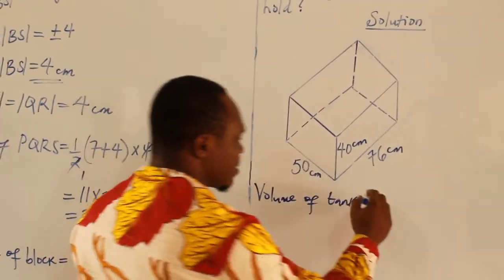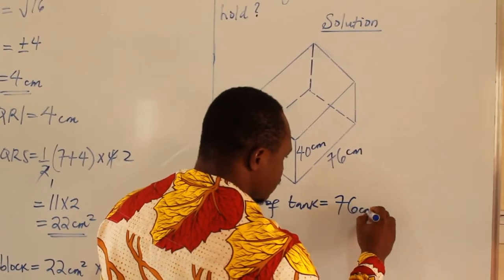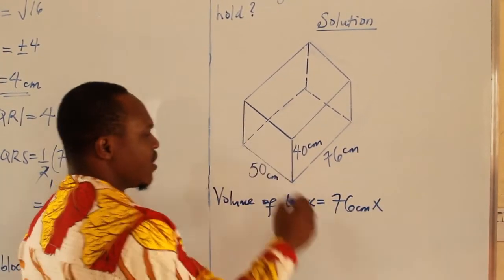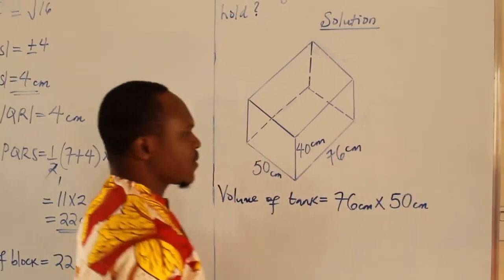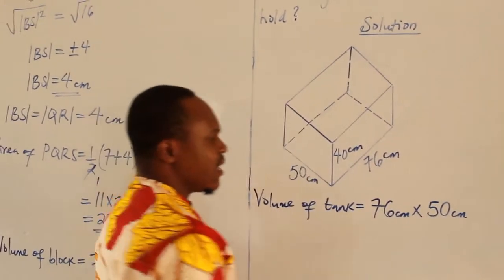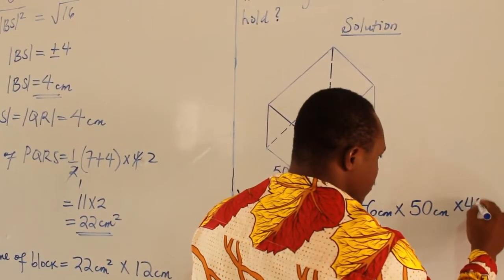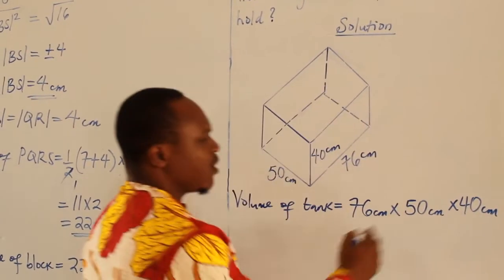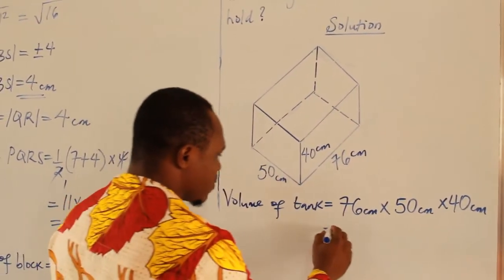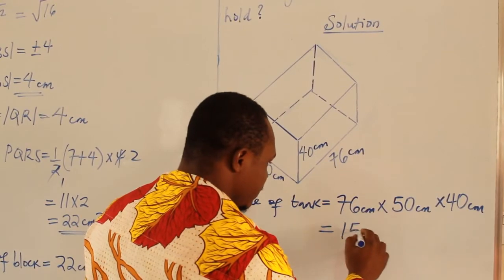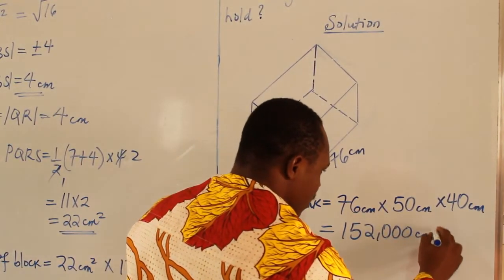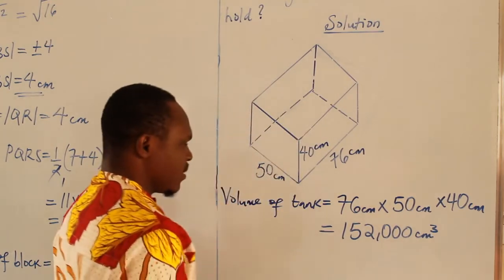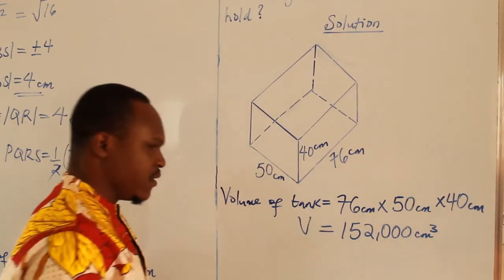So the length is 76 centimeters multiplied by the breadth, which is 50 centimeters, multiplied by its height, which is 40 centimeters. If we multiply the three of them, it gives us a total of 152,000 centimeter cube. That is the volume of the tank V.